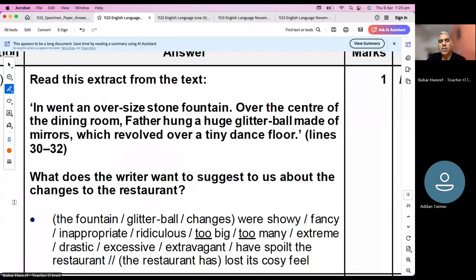Father hung a huge glitter ball made of mirrors, which revolved over a tiny dance floor. The dance floor is tiny, but the glitter ball is very huge. Don't you think it's a mismatch? So it has actually spoiled the restaurant. Once you read the remaining text, you'll be able to understand it, right?